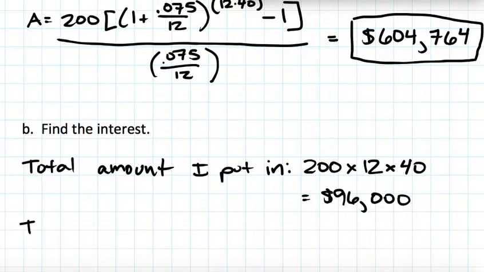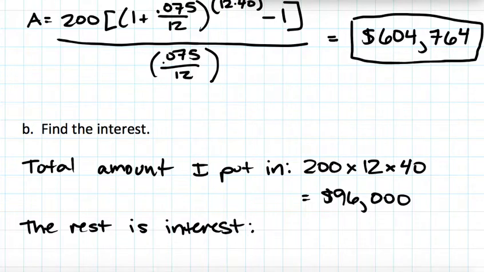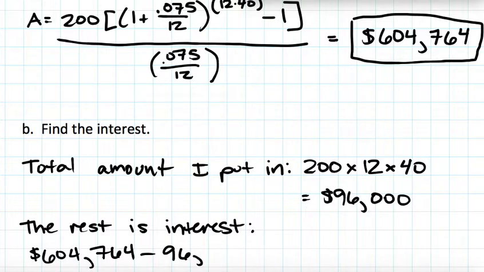So to calculate the interest, I would subtract the $96,000 from the total amount in the account. So $604,764 minus $96,000 gives me a total of $508,764 earned in interest.